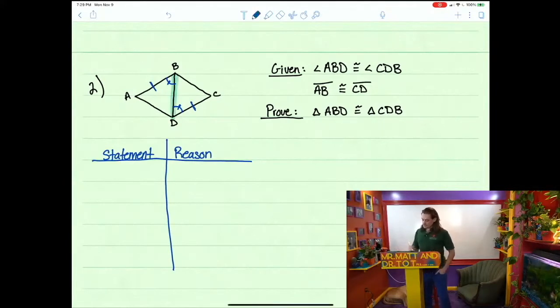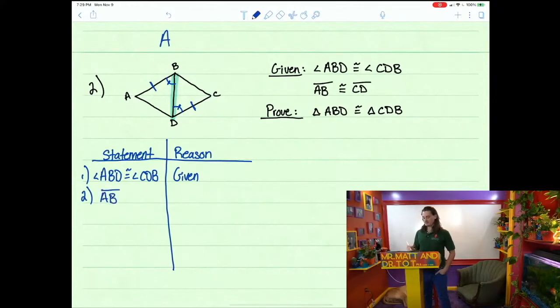So we can say that angle ABD is congruent to angle CDB because of the given information. So that gives us an angle. We can also say that side length AB is congruent to side length CD because of given.